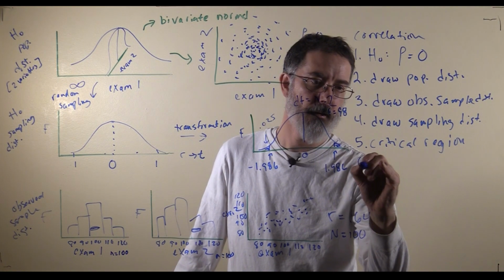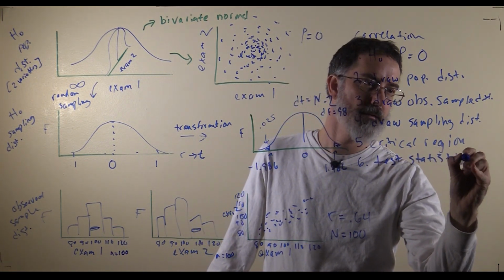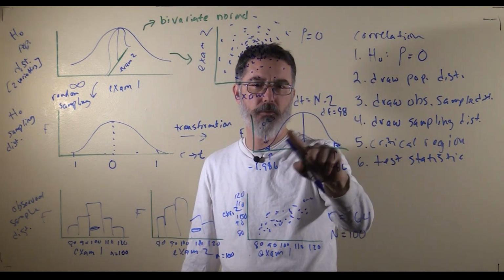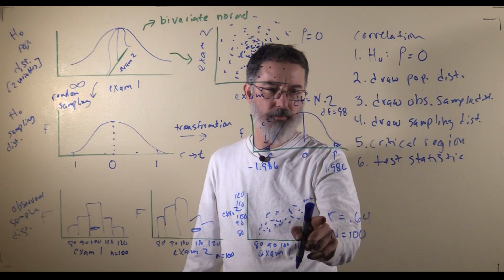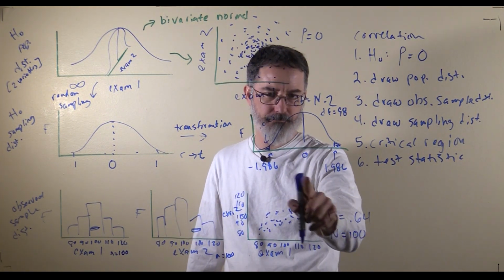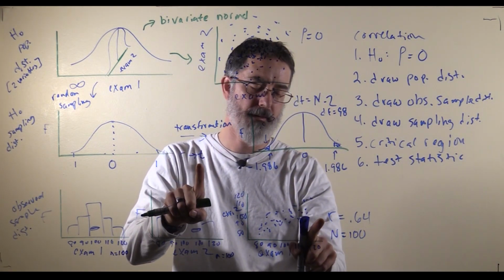Next, we'll calculate our test statistic. So in this case, we're going to be calculating a t-statistic. So we're going to take the correlation coefficient that we calculated on our raw data, and we're going to transform it into a t-statistic.